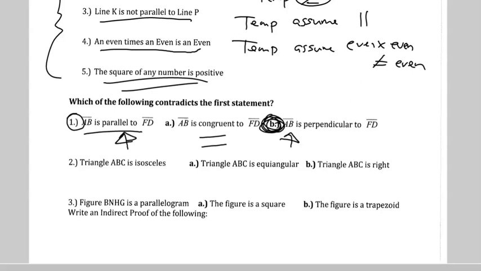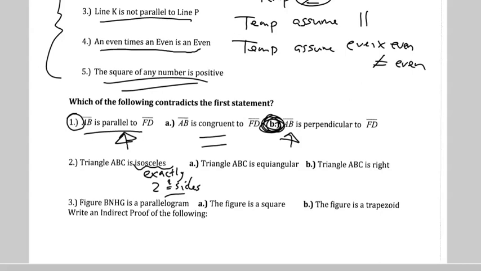Triangle ABC is isosceles. Okay, so which one of these, knowing that isosceles means exactly two congruent sides, A or B, contradicts it? Is it impossible for it to be isosceles and equiangular, or is it impossible for it to be isosceles and right?